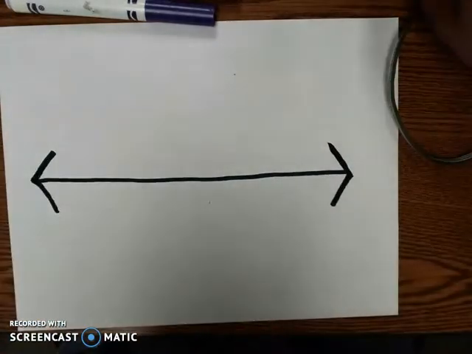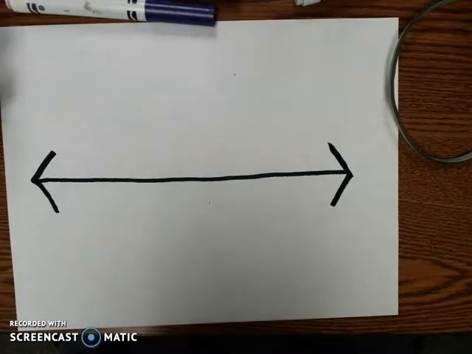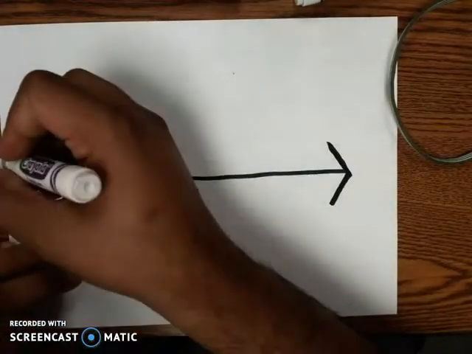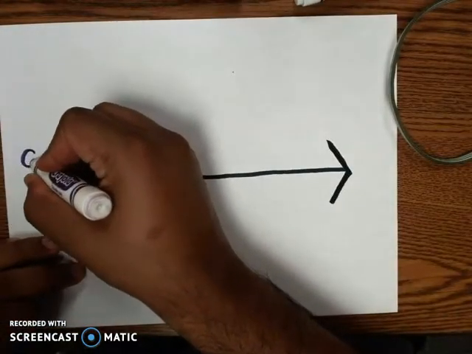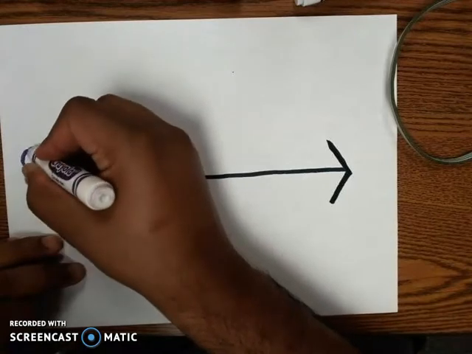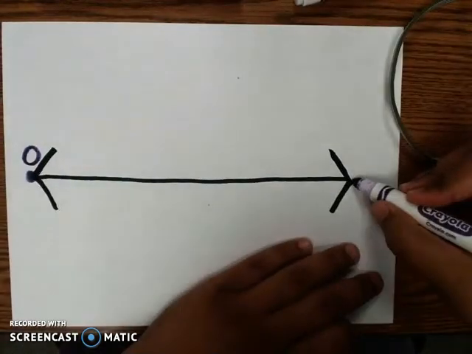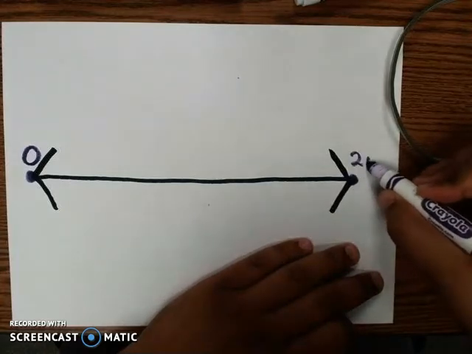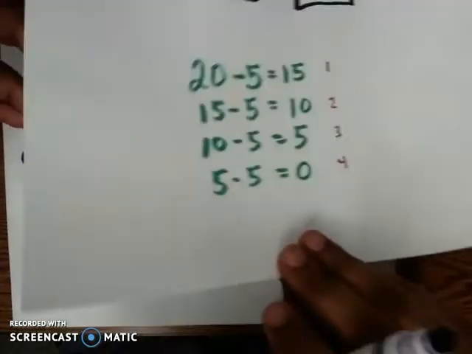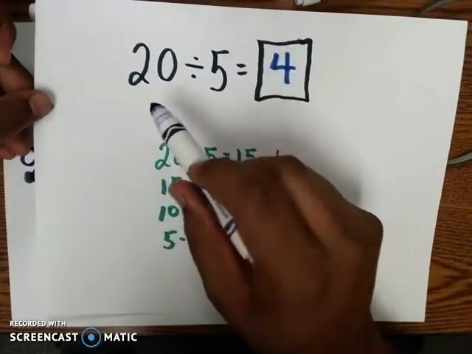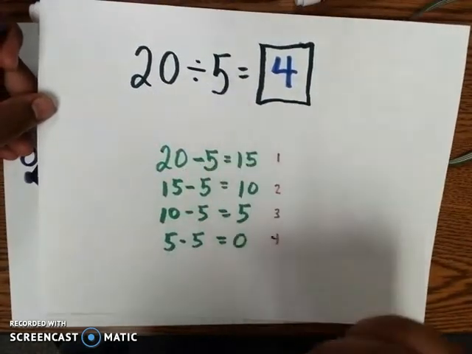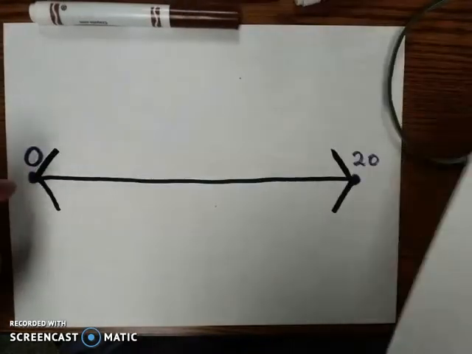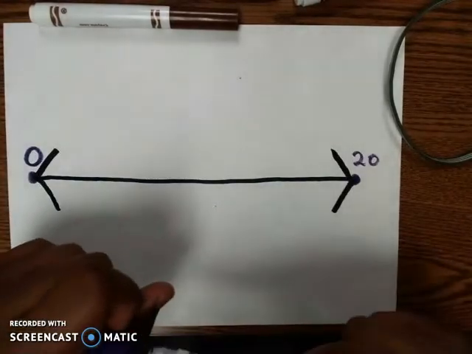We know that this point all the way here is 0, so I'm just going to put a little 0 here. And this point over here is 20. The reason I chose those numbers is, remember, our original problem was 20 divided by 5, so we need from 0 to 20.